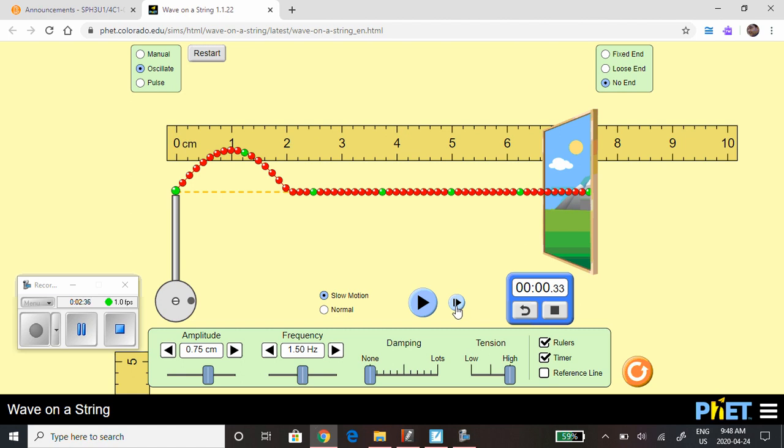So now the vibration has gone through up amplitude, down amplitude, two amplitudes, and an entire crest has been created. And it's about 0.33 seconds. And the wave has gotten to just over 2 centimeters. Let's keep going.